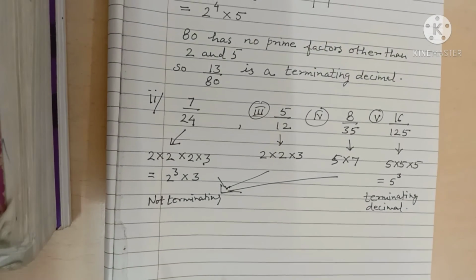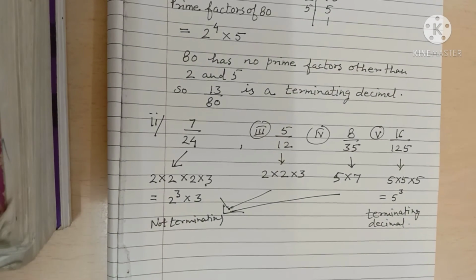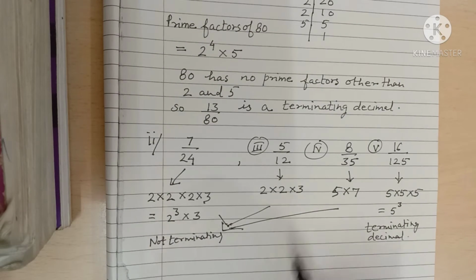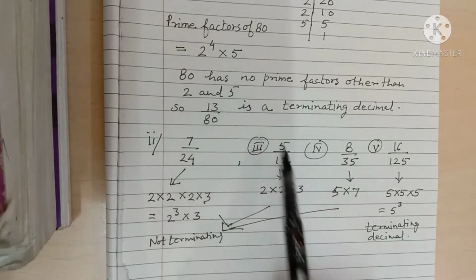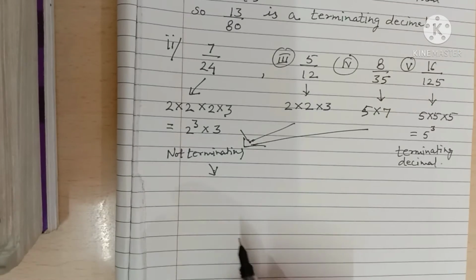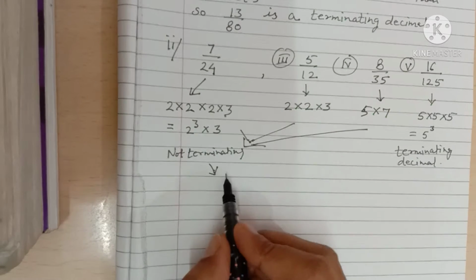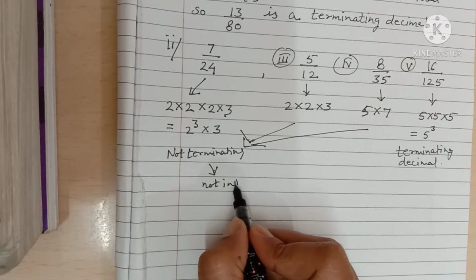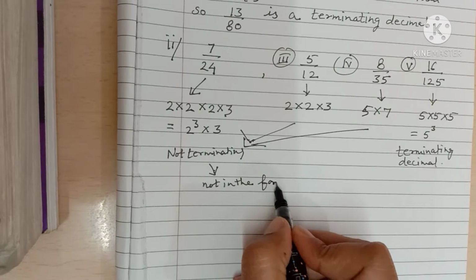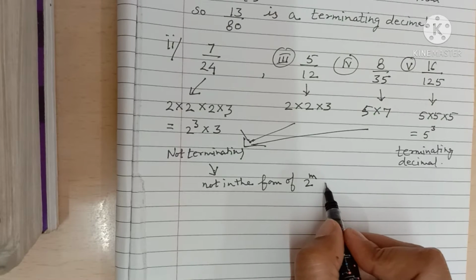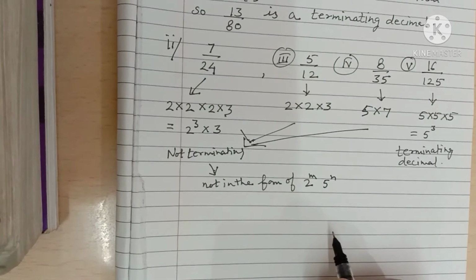I think you understood how to find terminating decimals. This is question first, and all the parts I have done here. These are not in the form of 2 to the power of m and 5 to the power of n.